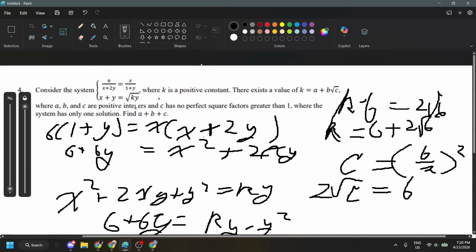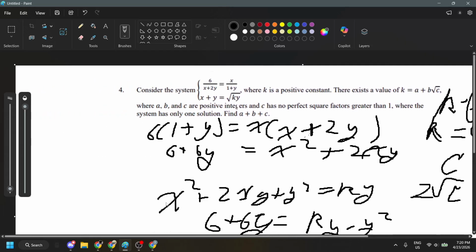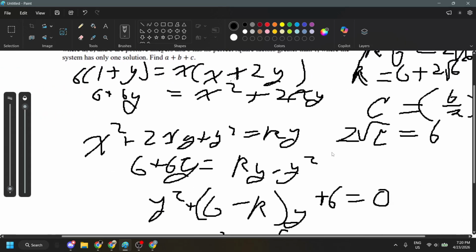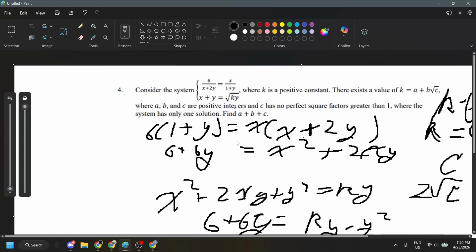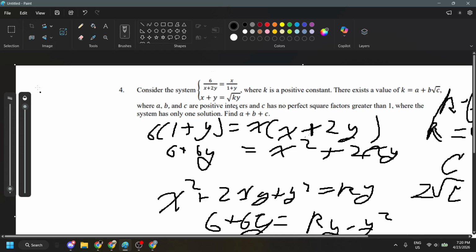Does that invalidate anything here? Oh my god, why is this square root in a square root? Oh no, but it cancels out because, no, it doesn't. I don't know. X is equal to root ky minus y.